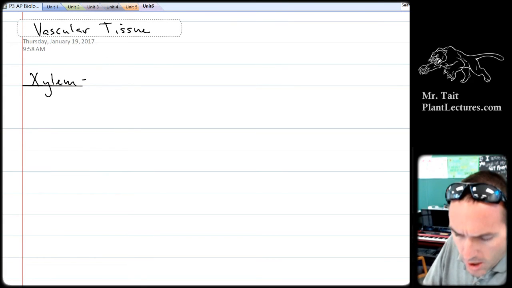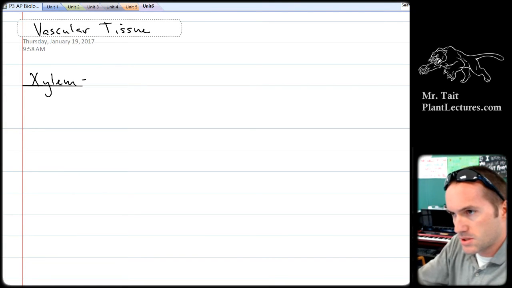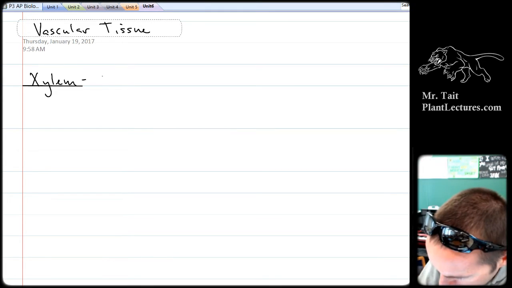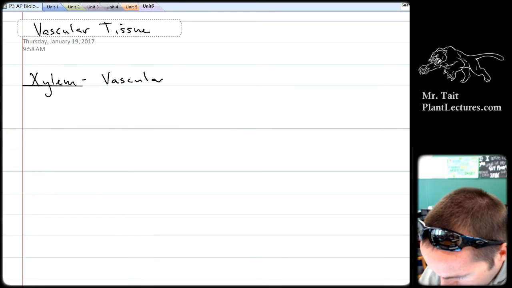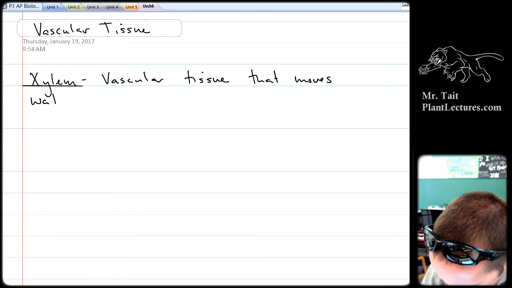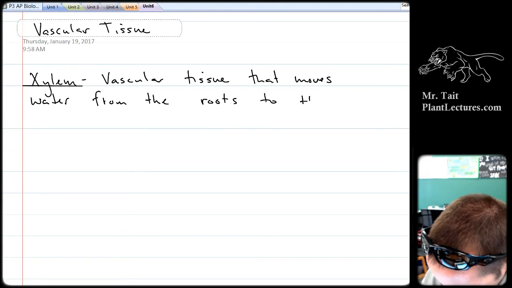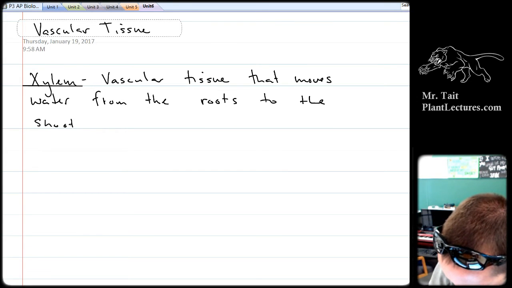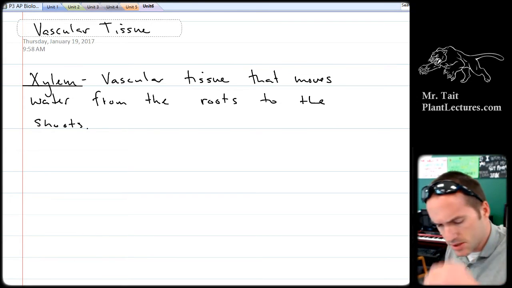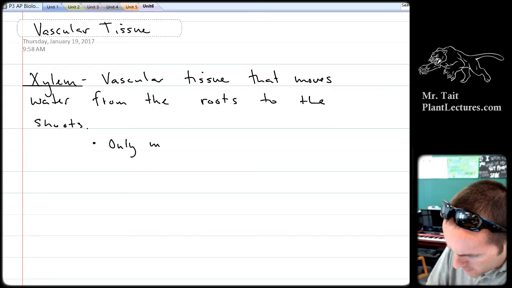Xylem is the vascular tissue that moves water and minerals from the roots to the shoots, right? So up a tree. From the roots to the shoots. Only moves up.